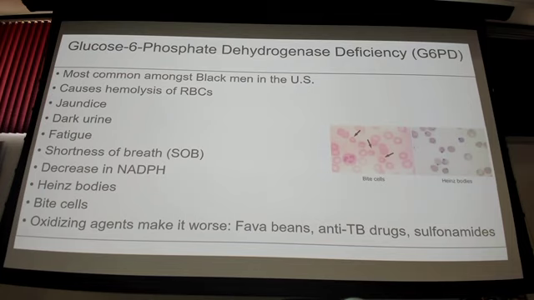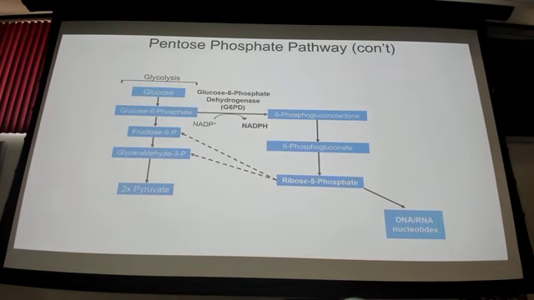And they also have red blood cell lysis, which of course will cause jaundice in a baby, and cause fatigue. We know that there's going to be a decrease in that antioxidant agent, NADPH, right? Because the reaction can't go this way because this enzyme is deficient, right? That makes sense.